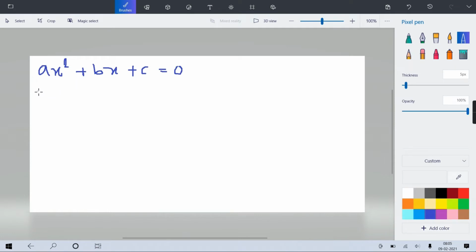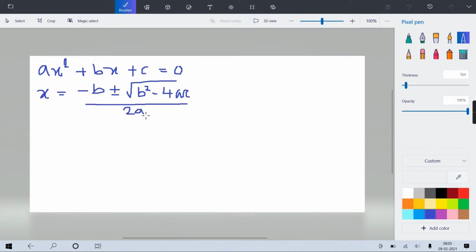Now what is the formula for calculating x? It is minus b plus or minus under root of b square minus 4ac, upon 2a.